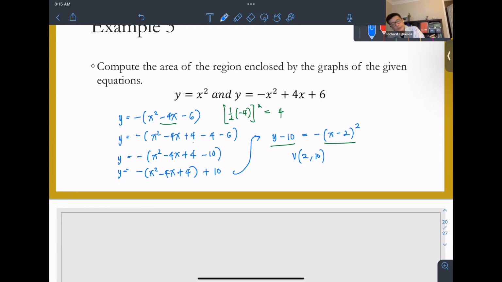So the vertex will be (2, 10). And for this one, since this is x minus 0, in short that will be 0, and for y that will be 0 as well. And since this is negative, that makes this one open downward, while the other one is opening upward.